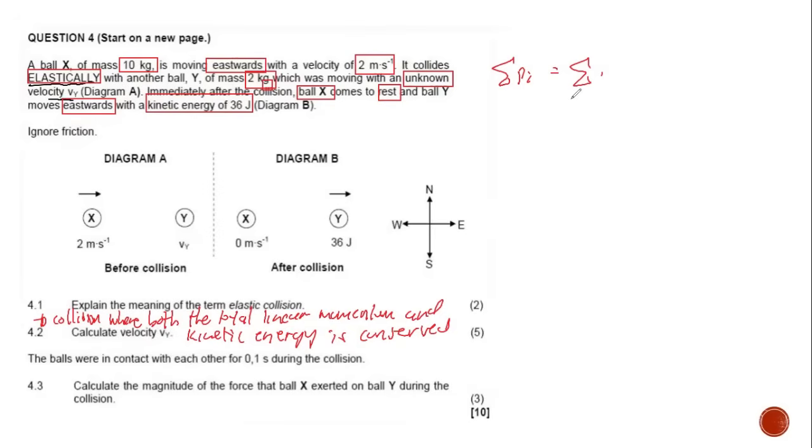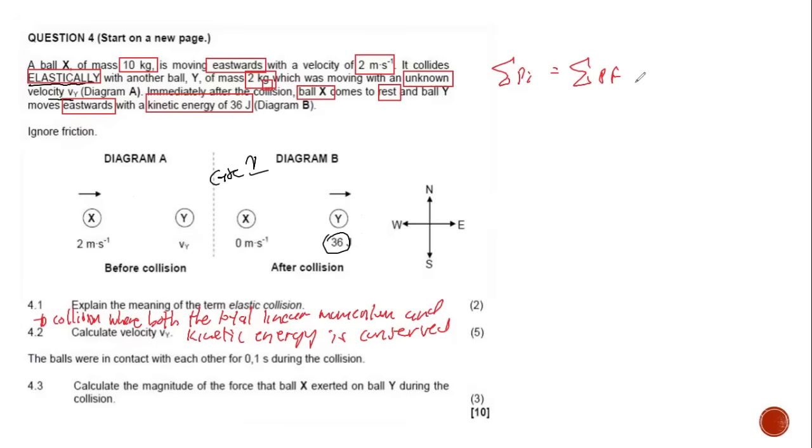Now, there is no mention of the objects moving together as a unit or sticking together. So obviously we have to assume that this is case number 1. We have to assume that when they collide, they move separately. As we can see, they say X is stationary, but Y still has some kinetic energy, meaning it's moving separately from ball X. So this is case 1.